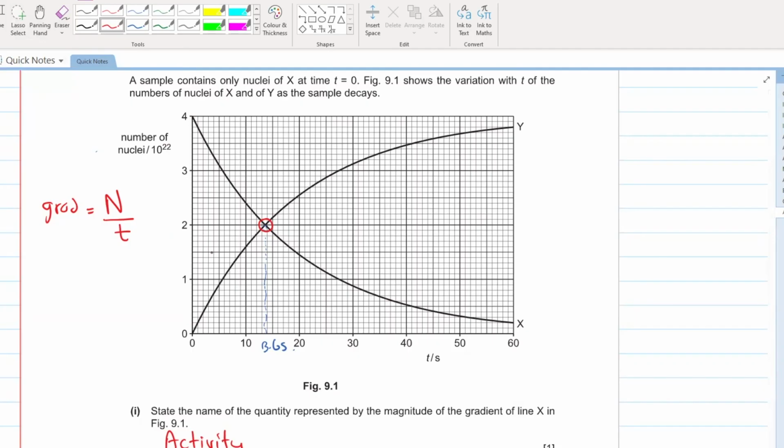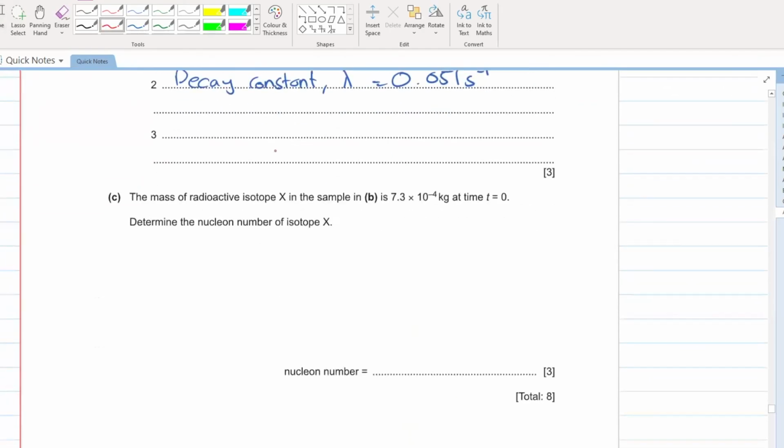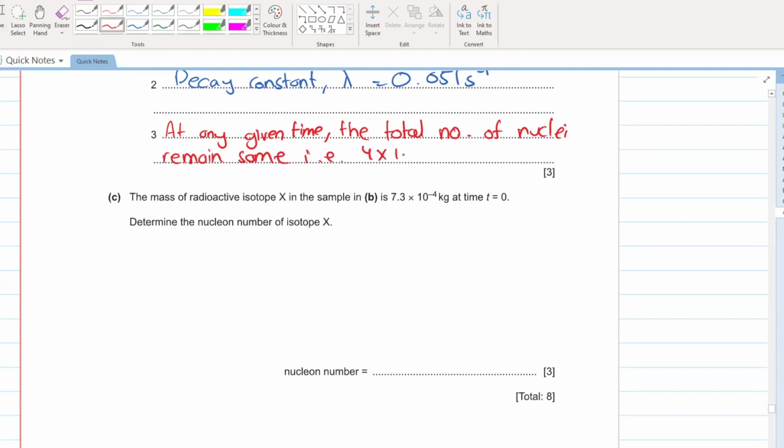And what is that total number? 4 into 10 raised to the power of 22. At any given time, the total number of nuclei remains the same, that is 4 into 10 raised to the power of 22.